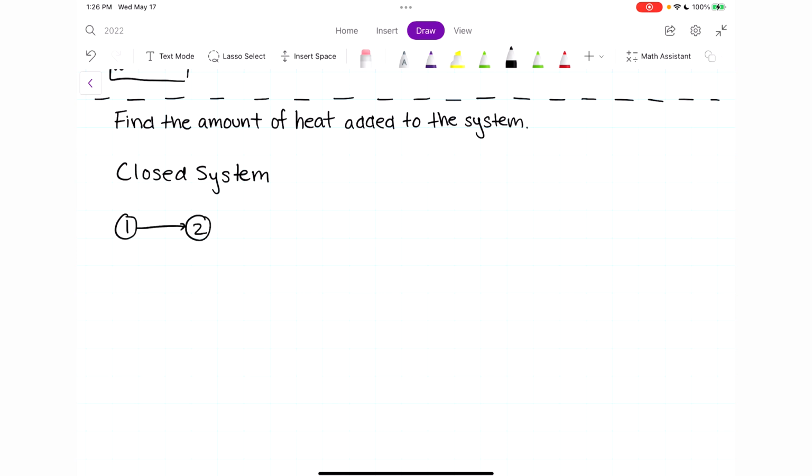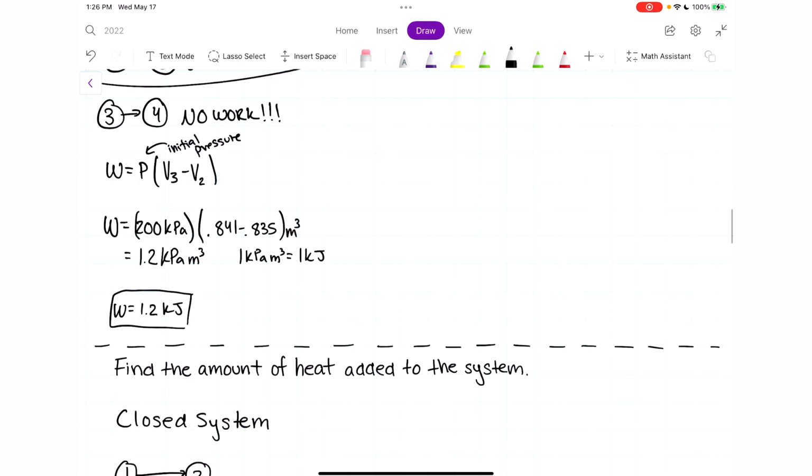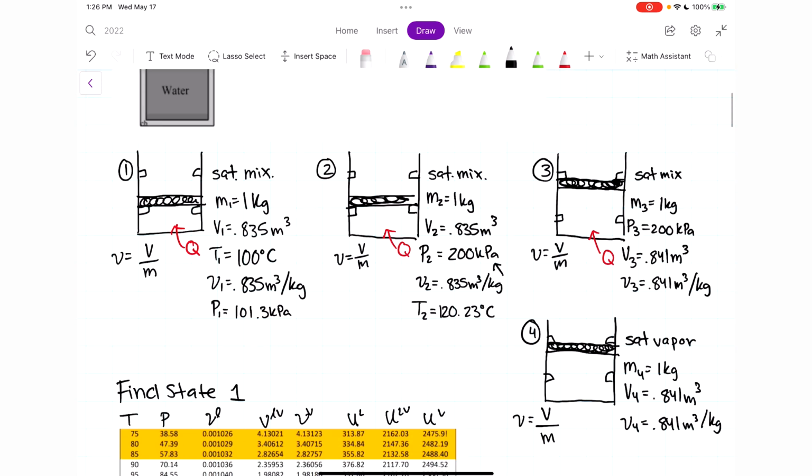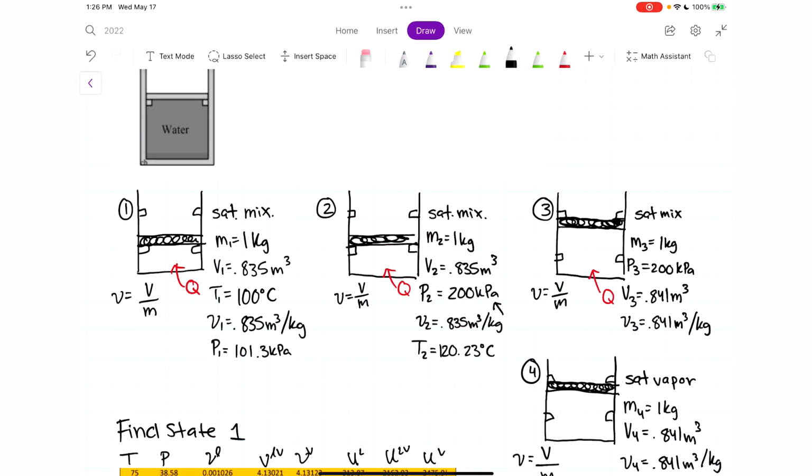The equation that we use for closed systems is Q minus W is equal to delta U. So heat minus work equals change in internal energy. So we go to state 1 and state 2, and we see that from state 1 to state 2, there was no work. The way that we can tell that there's no work is because the piston isn't moving, right?